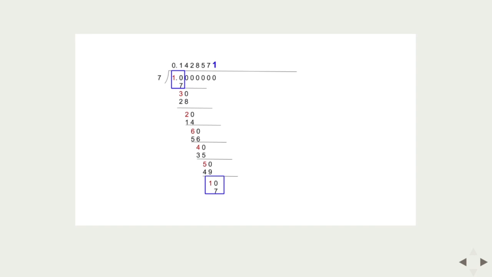Back to the example of 1 over 7, initially we have remainder 1, then 3, 2, 6, 4, 5, and 1. When the remainder shows up again, the process is going to repeat this sequence.